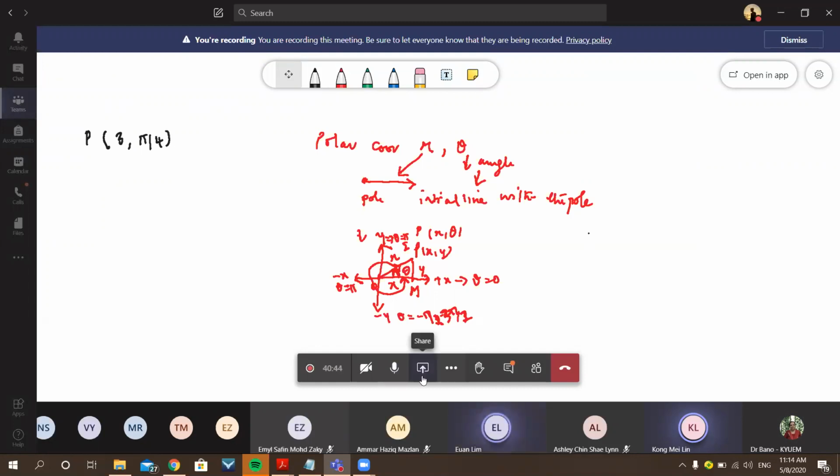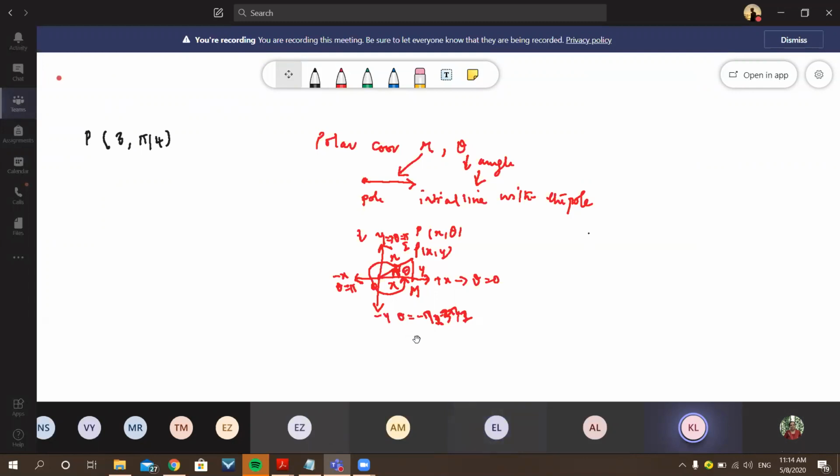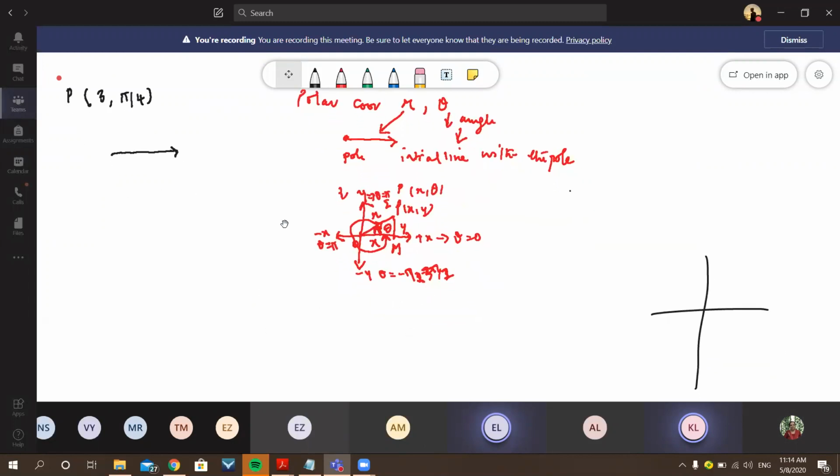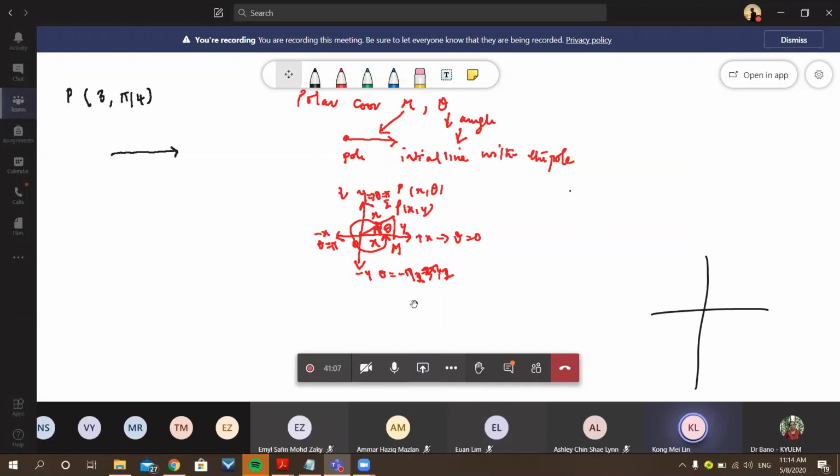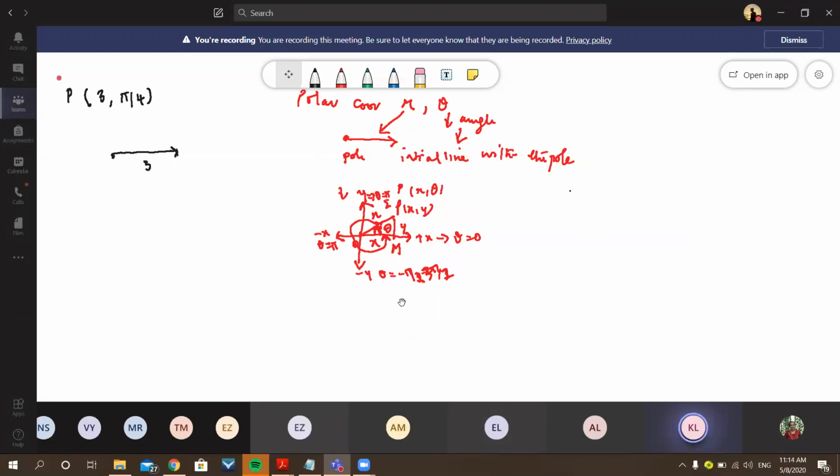Wait, isn't it minus pi by 6? So this is your point, minus pi by 6, right? Yeah. So quadrant 4.